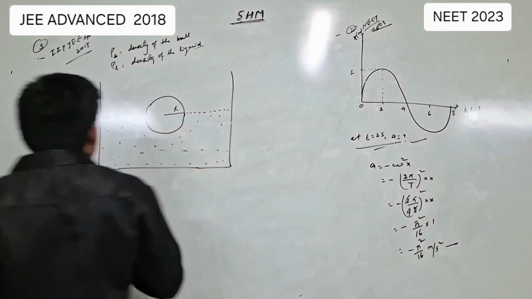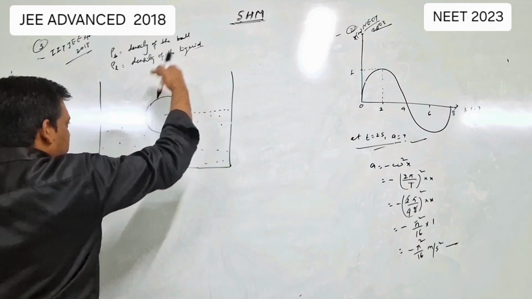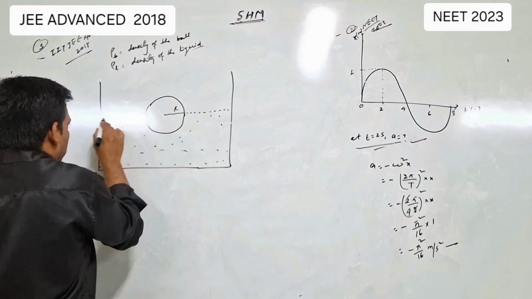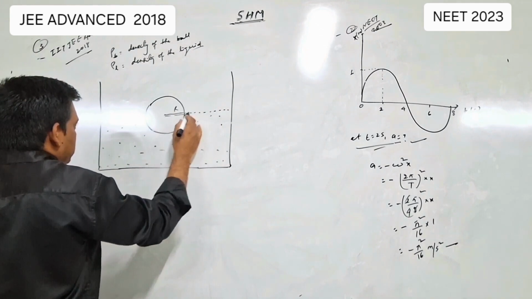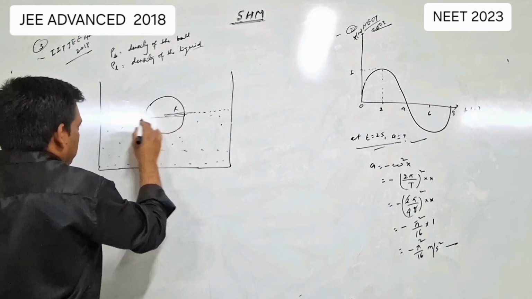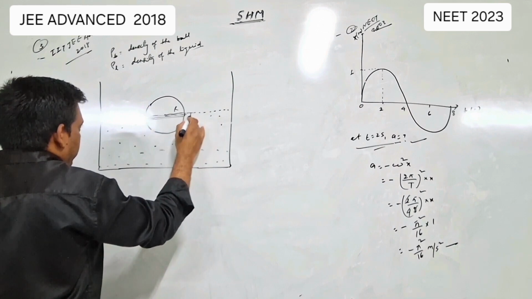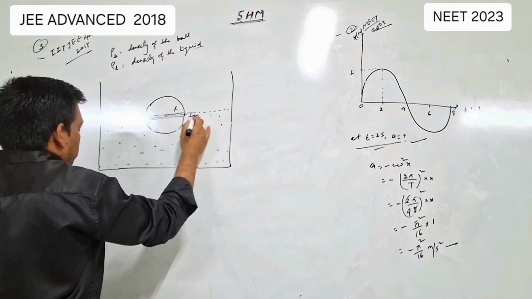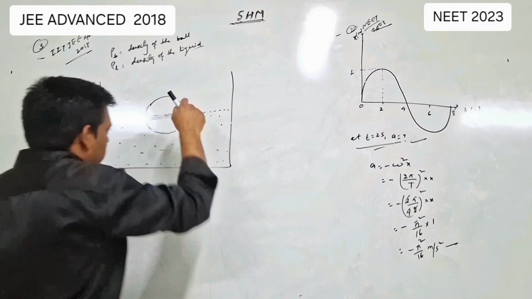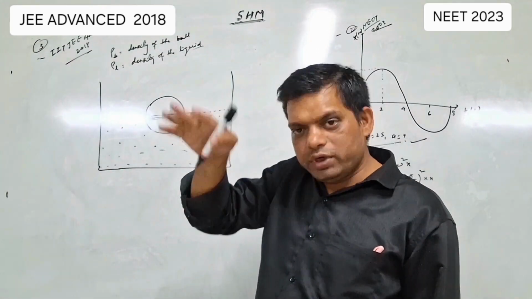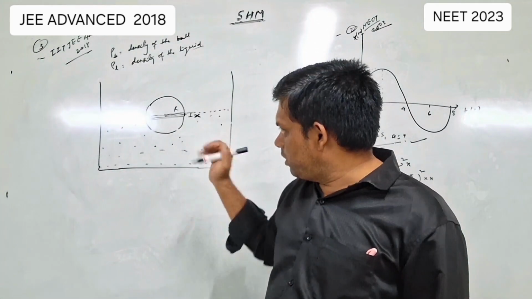It means when it is gently pushed downward, then some part of the ball will be immersed inside the liquid, like this. This is the part x. The ball will go inside the liquid for an extent x.